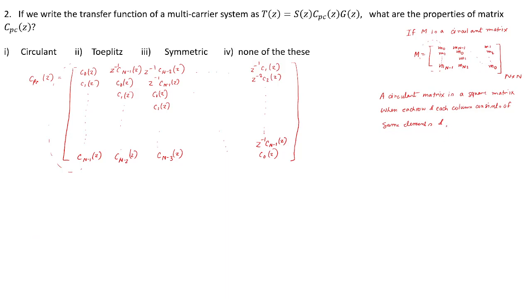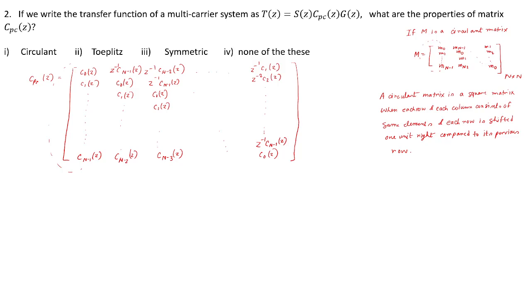So, and each row is shifted 1 unit right compared to its previous row.